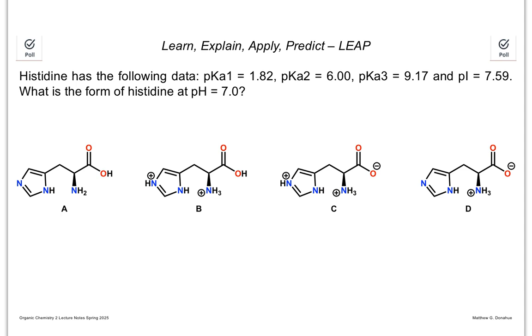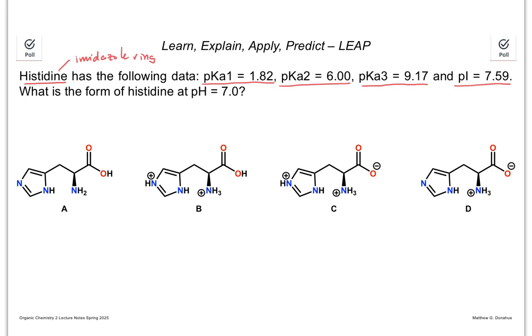This question, and subsequent questions, look at histidine. Again, the side chain is the imidazole ring. So you have your pKa1 at 1.82, pKa2 at 6.0, and then pKa3 at 9.17. The pI value is just above pH 7.